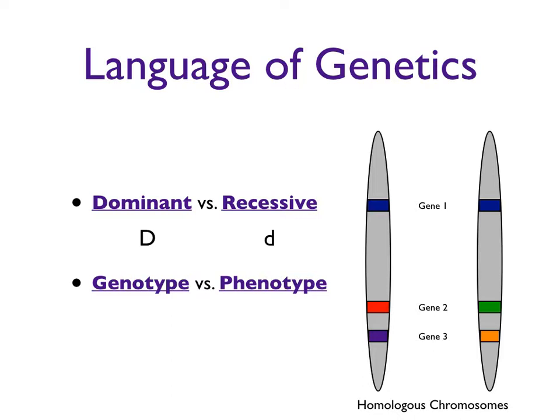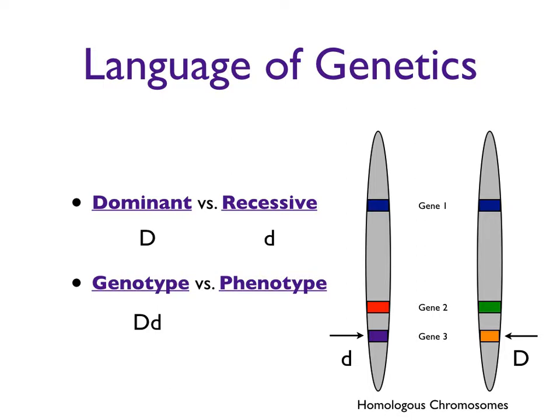Let's assume that gene 3 is the gene that determines whether you have or lack dimples. Okay, this gene from your mom is the recessive gene, while this gene from your dad is the dominant gene. This combination of genes is known as your genotype and should be written big D, little d.